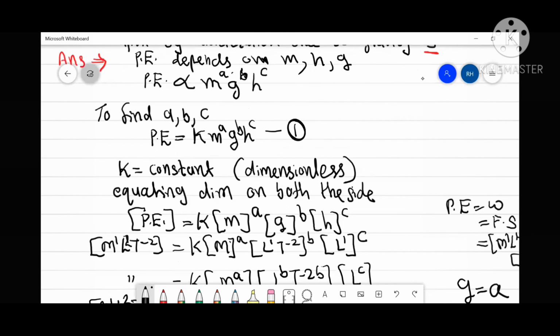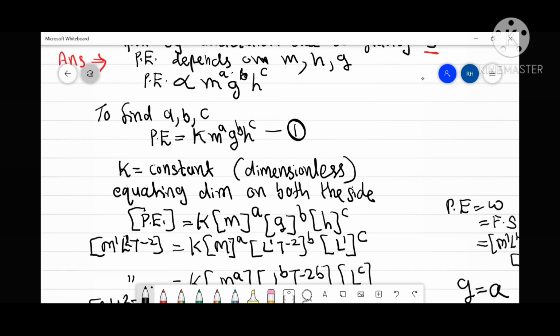Next step, we are equating dimensions on both sides of this equation number 1. That is the dimension of the potential energy. Next, K is a dimensionless quantity. That's why I'm not giving the square bracket to the K. Next is the dimension of the mass raised to a, dimension of the g raised to b, dimension of the h raised to c.